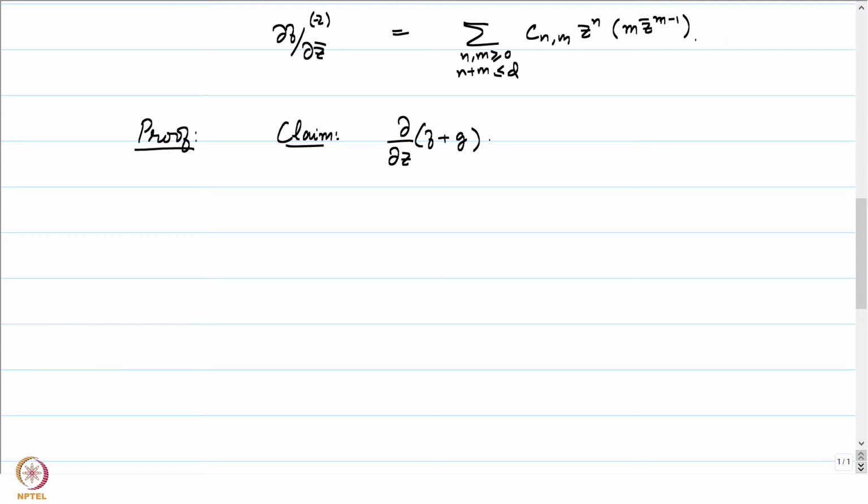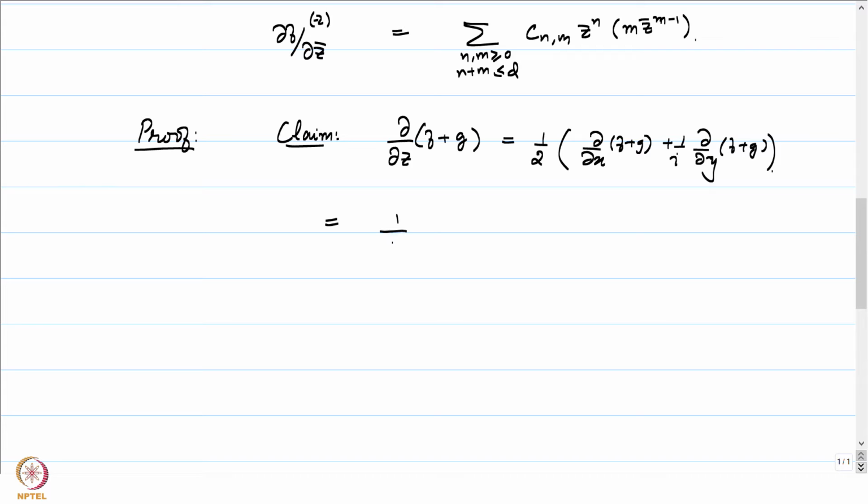What is going to be dou by dou z of f plus g? By definition, this is equal to half of dou by dou x of f plus g plus 1 by i times dou by dou y of f plus g. But we know that the partial derivatives dou by dou x and dou by dou y are both linear as operators. So basically dou by dou x of f plus g is dou f by dou x plus dou g by dou x.